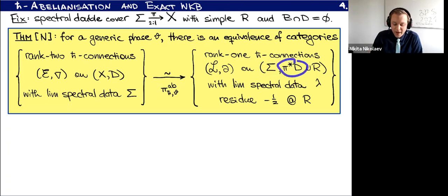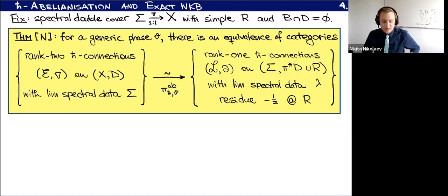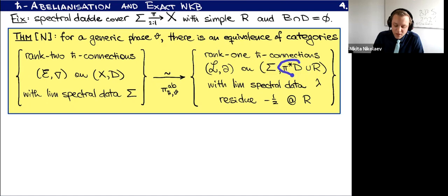And by the way, this is pulled back as a divisor, which means I'm pulling back the multiplicities themselves as well. So these connections are meromorphic along the pulled back divisor, but also along the ramification locus, with the residue working out to be specifically -1/2 for some reason.